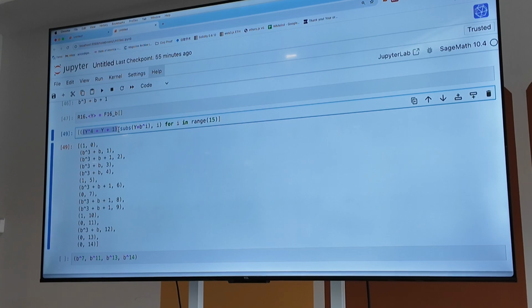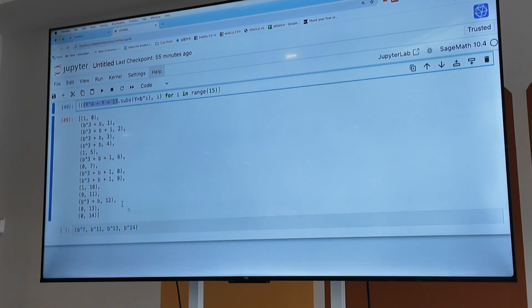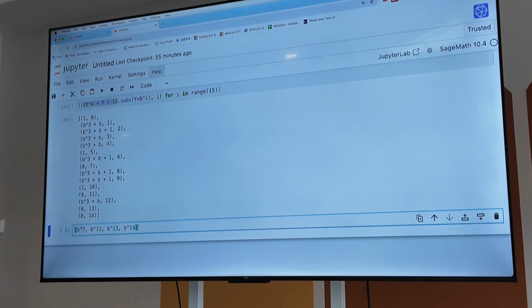Now we can define the isomorphic map between those two different F16 by using a map from, for example, a to b to the 7. Then we have the isomorphic map between those two F16; even though they are different, they are isomorphic with each other.